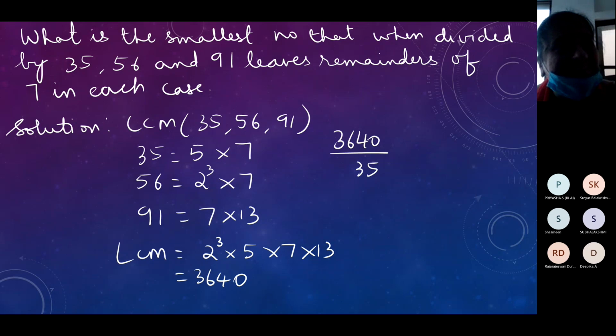Say confidently. Come on. It's the LCM, meaning for these three numbers, it's the LCM, right? What have we found? We have found the LCM of 35, 56 and 91. What is the LCM? 3640.